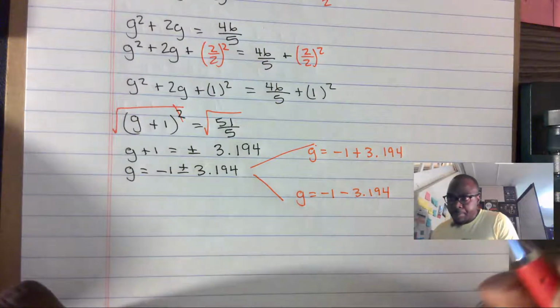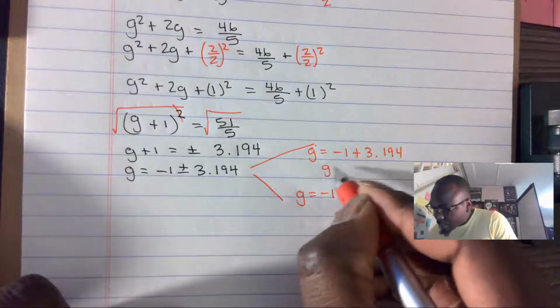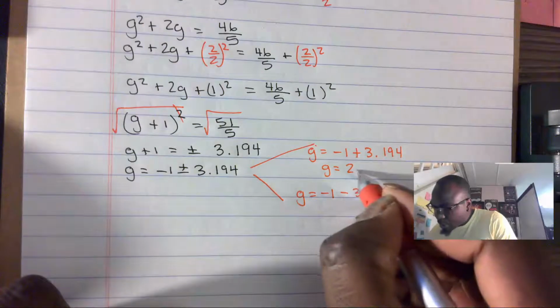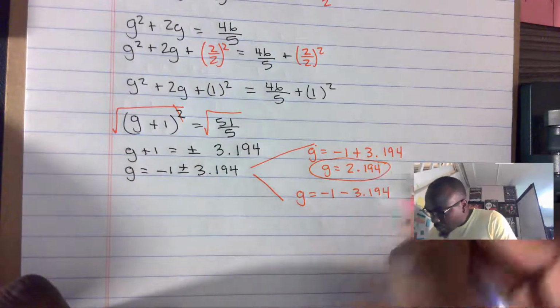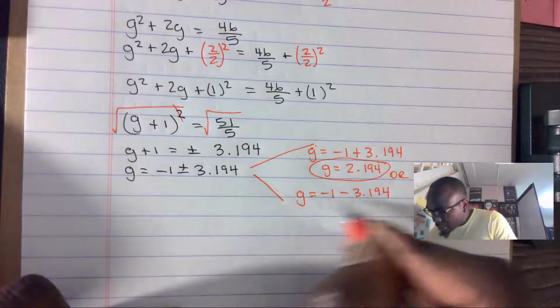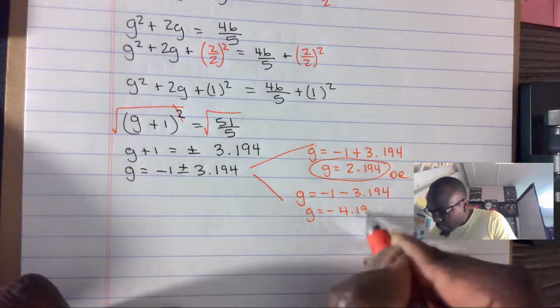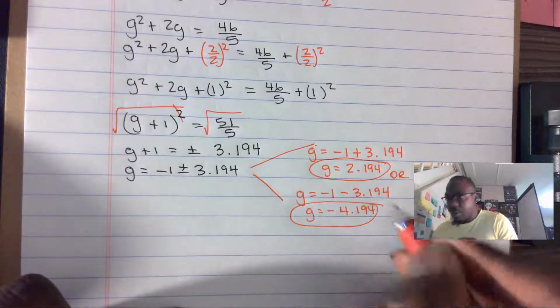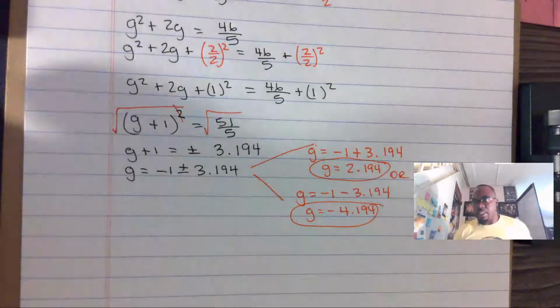When I add these, g equals 2.194, or if I subtract, g equals negative 4.194. And these are my two answers. So again, this should be becoming a lot easier for you guys.